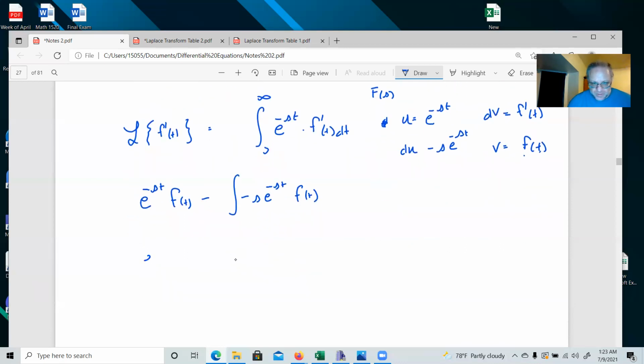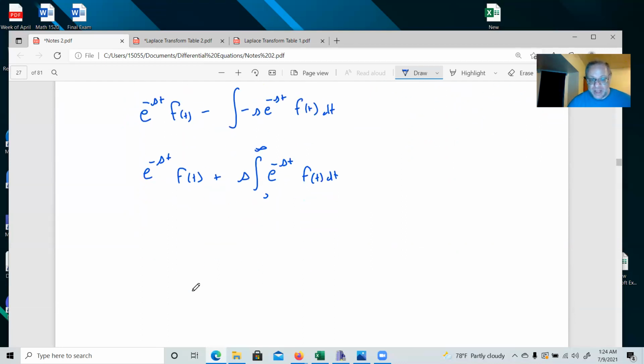So this is negative e to the negative st f of t, plus, and I'm going to pull out this s because it's a parameter. We're integrating with respect to t, so s is a constant. Then we have e to the negative st f of t dt, from 0 to infinity.